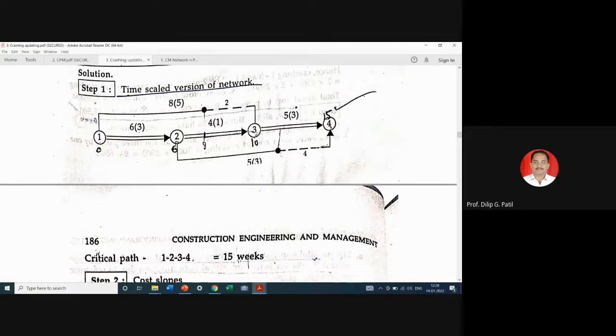Here you can see there is no need of crashing this activity 1, 3 at this moment, because if we crash this non-critical activity, there will not be reduction in the critical path. बरोबर आहे. प्रोजेक्ट ड्युरेशन मध्ये बदल होणार नाही, कारण की प्रोजेक्ट ड्युरेशन कोणत्या पाथचा आहे? 1, 2, 3, 4. म्हणून आपण ऑन प्रायोरिटी ओनली यांचा ड्युरेशन कमी करणार आहेत, म्हणूनच हा प्रोजेक्टचा जो ड्युरेशन आहे तो कमी होईल. आपल्याला प्रोजेक्टचा ड्युरेशन कमी करायचा आहे, मेन आपला ऑब्जेक्टिव्ह क्रॅश. बरोबर आहे. आणि मग त्याने पुढे पुढे काय बदल होणार आहेत ते आपल्याला बघायचं आहे.